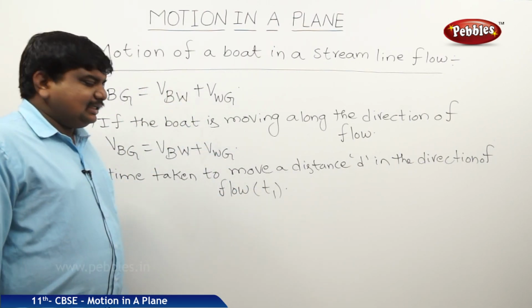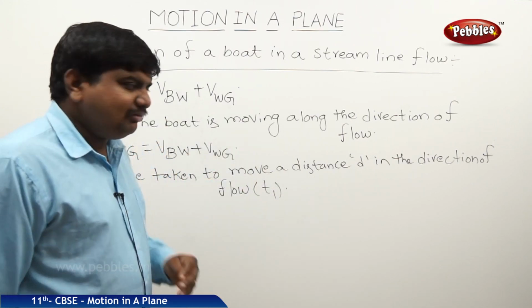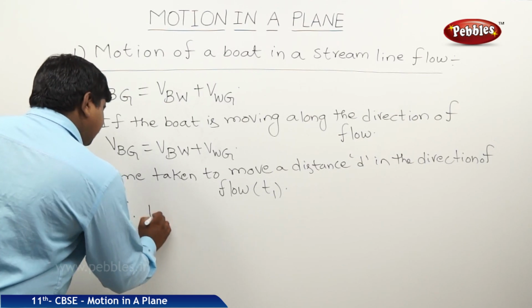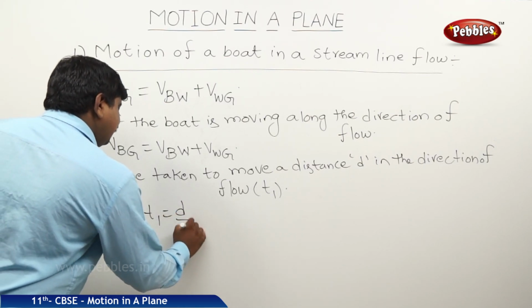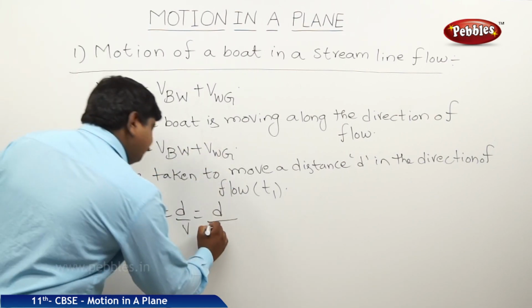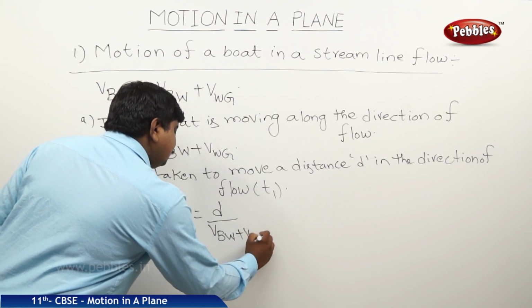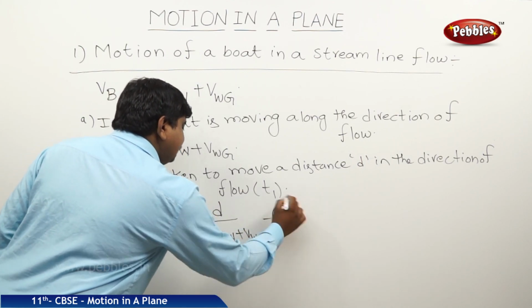So we know that velocity is equal to displacement by time. Time is equal to displacement by velocity. So therefore t1 is equal to d by v. Therefore it is d by VBW plus VWG. This is, let us say, equation 1.